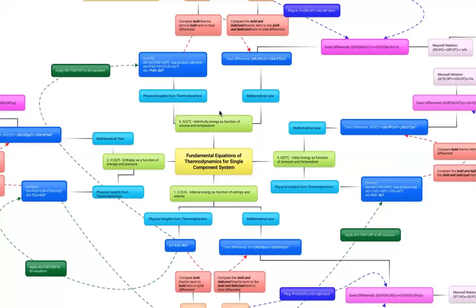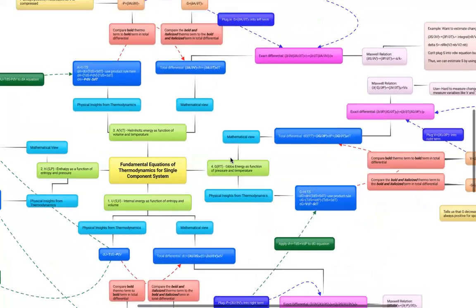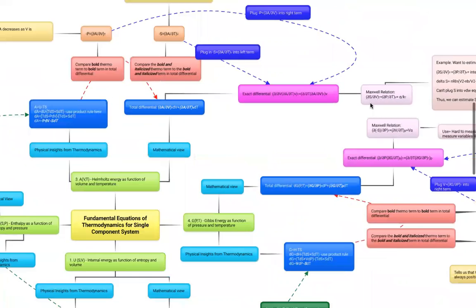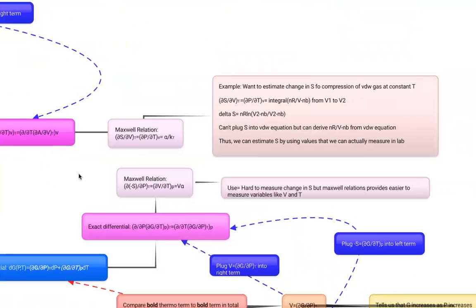So I think a really good example of that is what I have here with the Maxwell relation related to Helmholtz energy. It's this top Maxwell relation. The example we discussed in class a little bit, and I really thought it helped, was: say you want to estimate the change in S for some compression of a van der Waals gas at constant temperature.